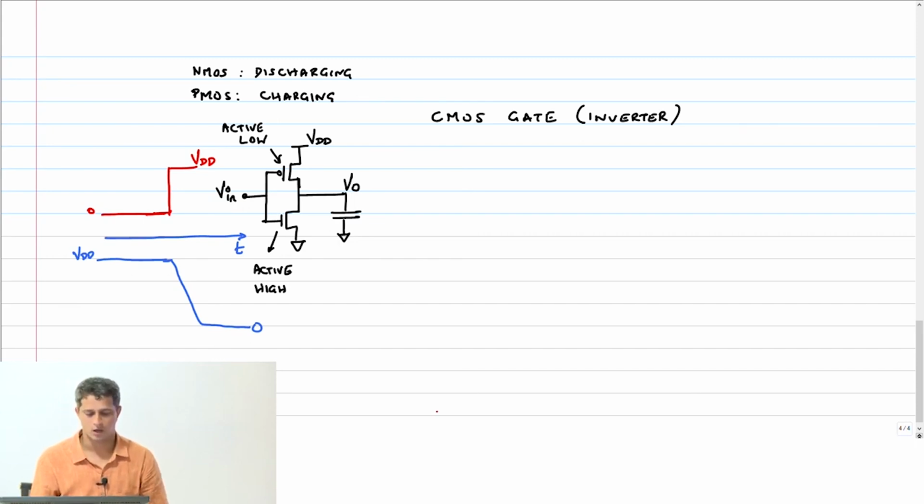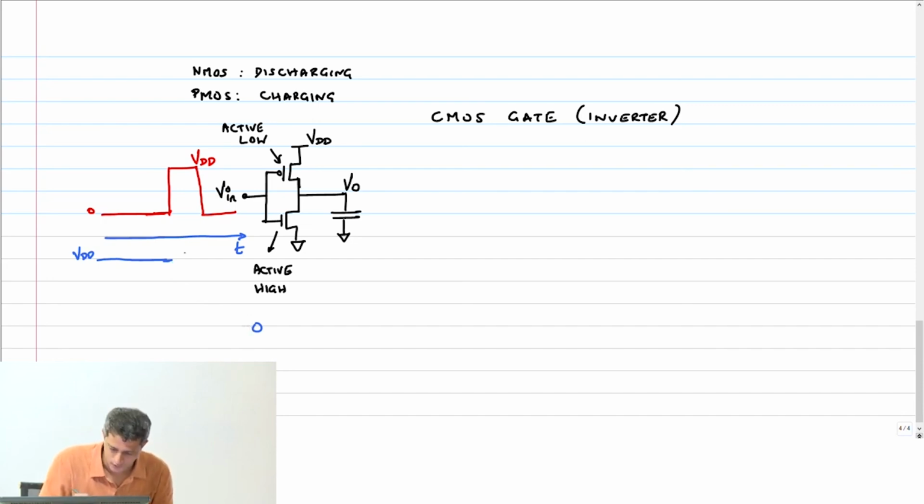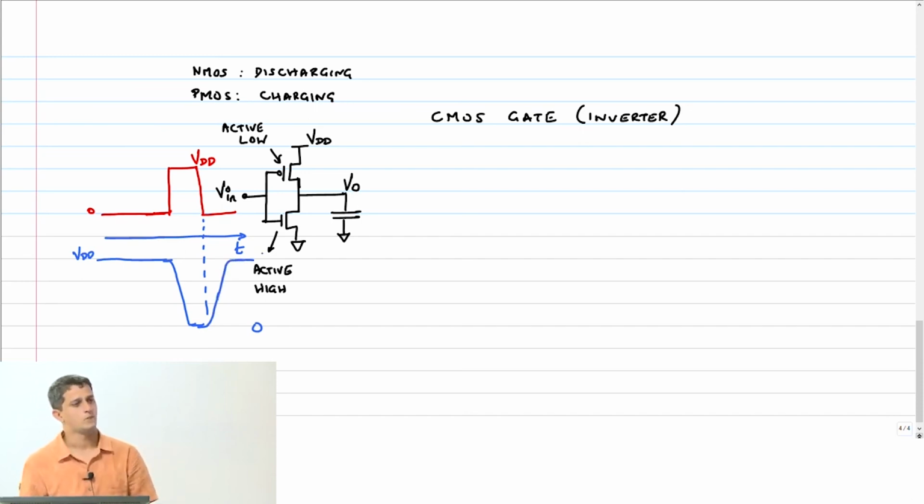Right? Now exactly the opposite will happen if the input falls again here, right? This will now rise up. Let me just draw it more accurately, right? And then at this point, this will again rise with some delay, right?